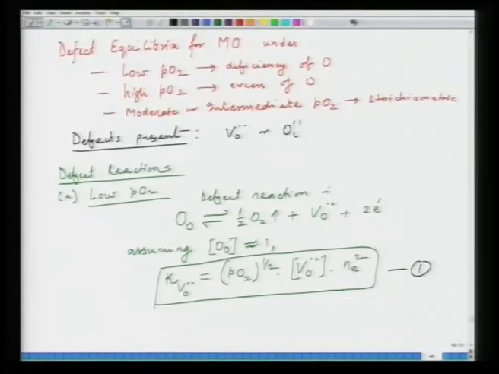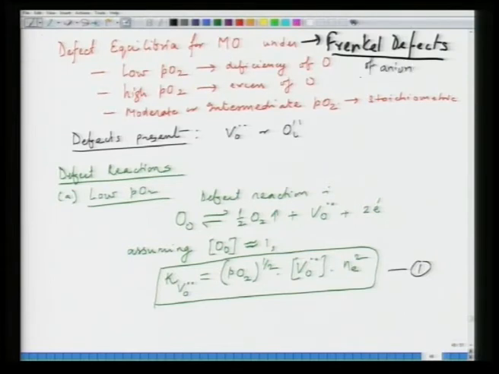So in this case, we have taken material to have Frenkel defect. So this is MO having Frenkel defects of an ion, which means it would be anti-Frenkel disorder. As a result, the dominating defects that would be present at either pressures would be VO or OI.